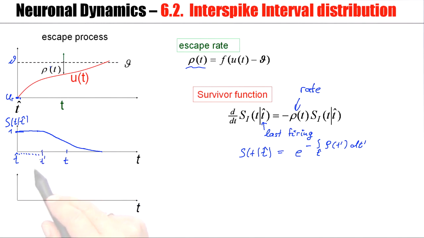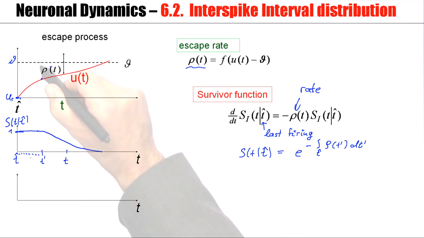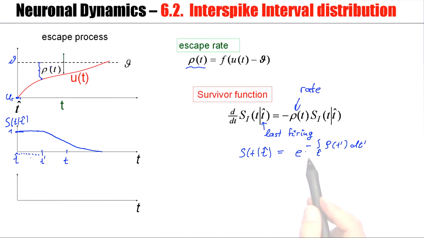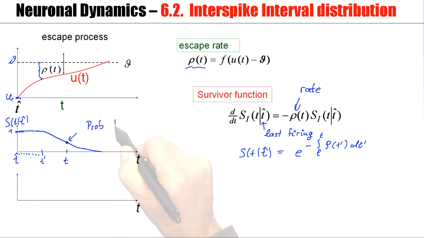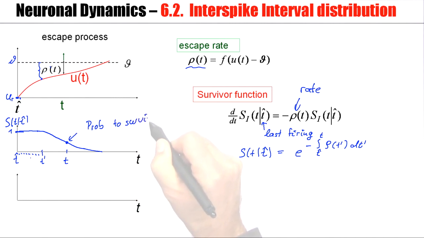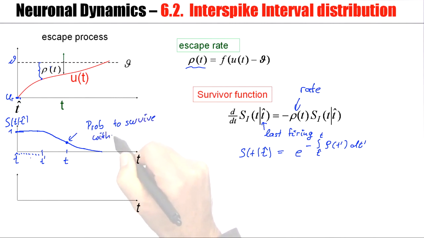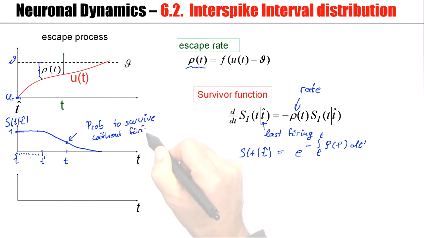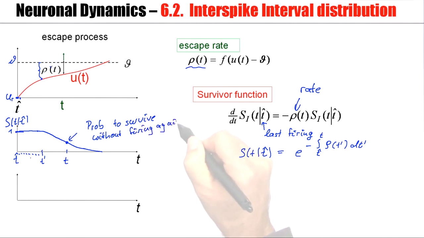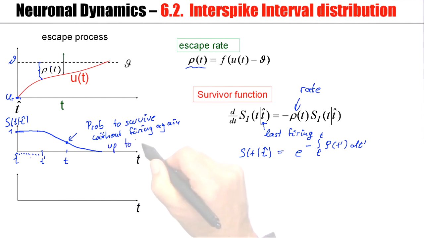This is some arbitrary time t prime between t hat and t. And at this moment t prime, I have already a certain escape rate. And this lowers my survival function. And I integrate up to time t. Then this is the value. This is the probability to survive without firing again up to time t.